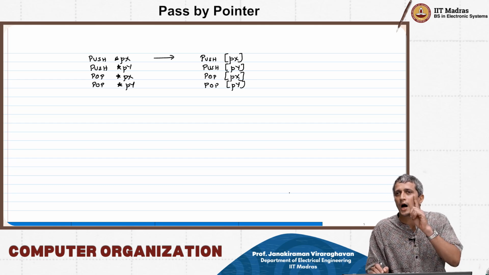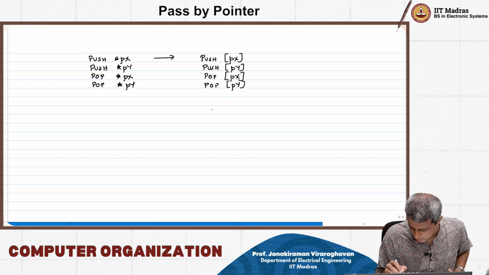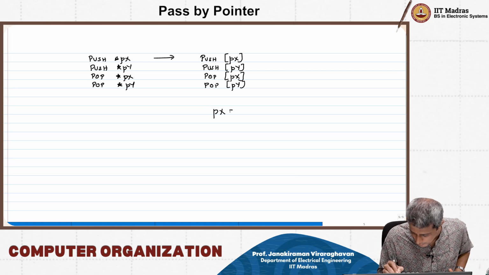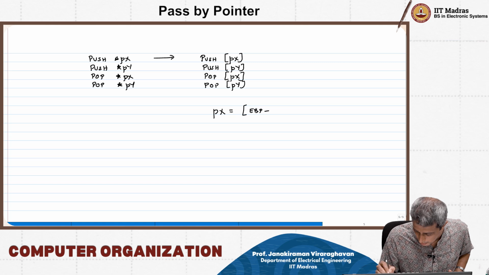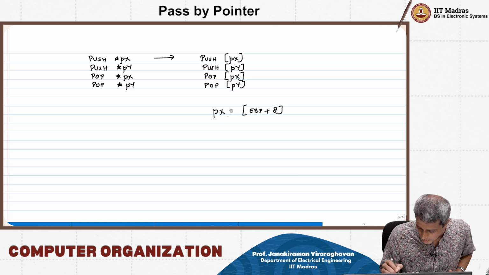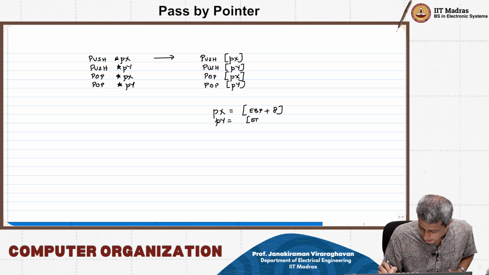Px and py are what? These are function parameters, which means px itself is contents pointed to by EBP plus 8 and py is contents pointed to by EBP plus 12.